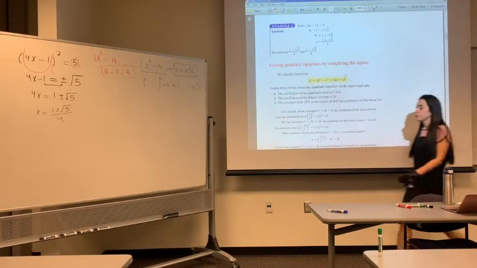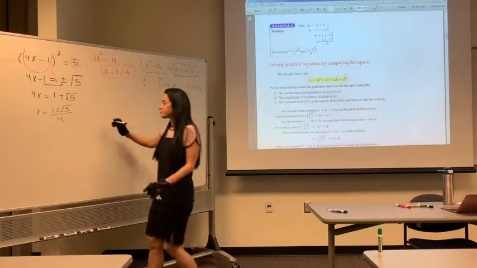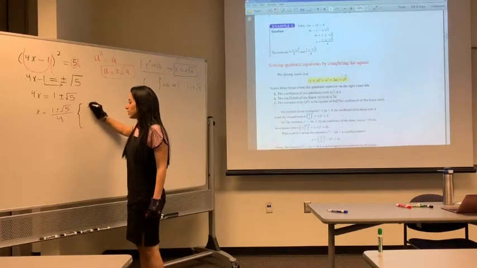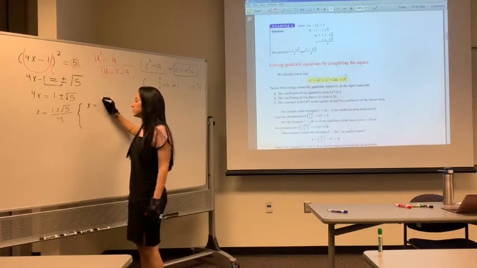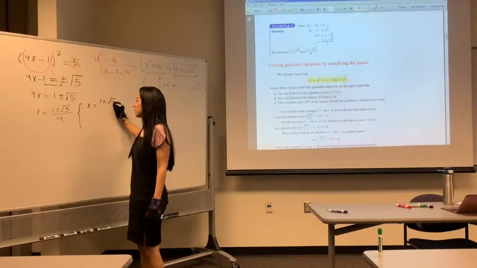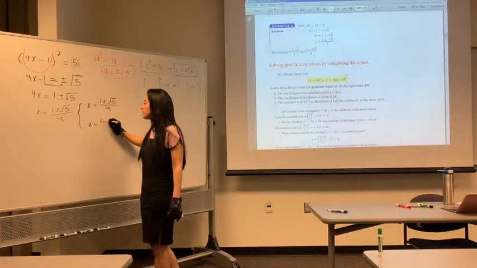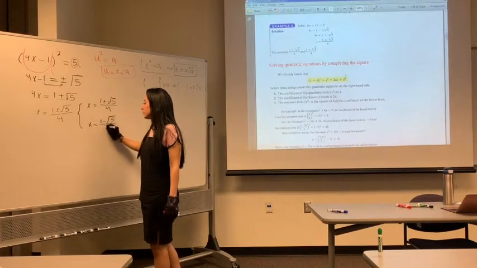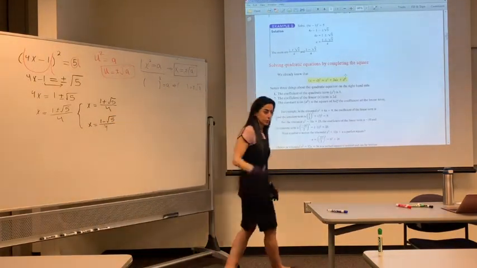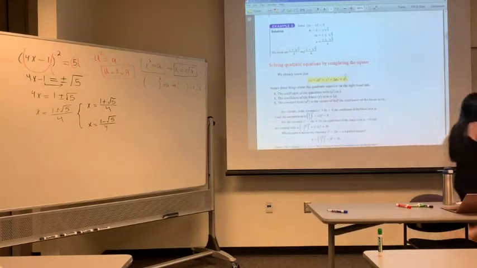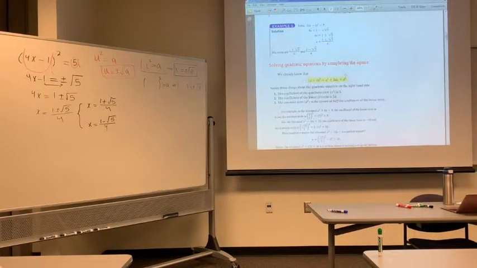If we keep the positive, we get 1 plus radical 5 divided by 4. If we want the negative, 1 minus radical 5 divided by 4. So we have two answers for x, one with a positive, another with a negative.